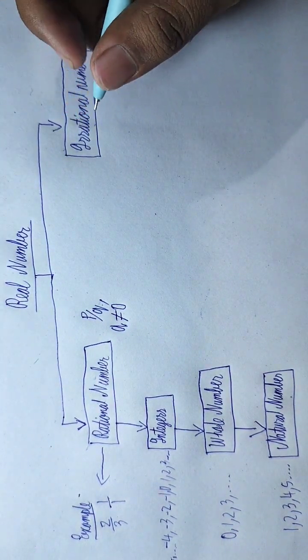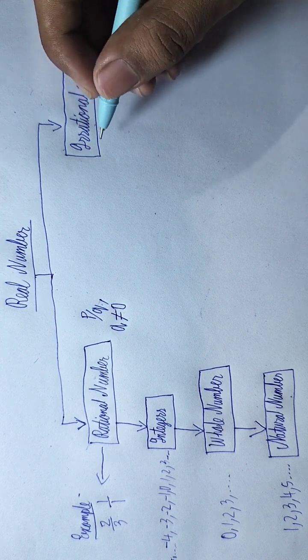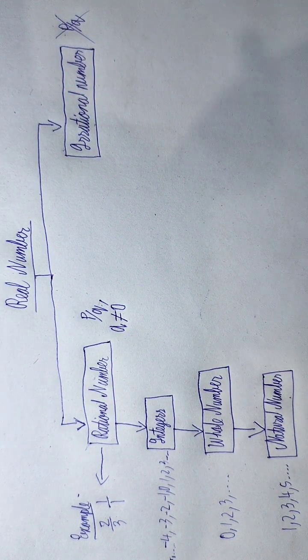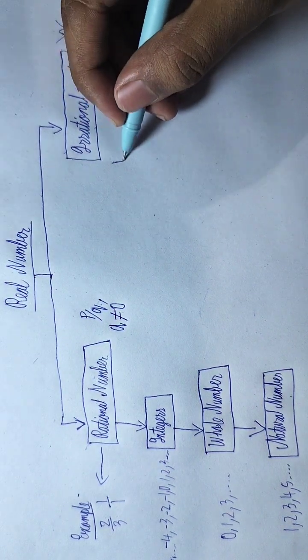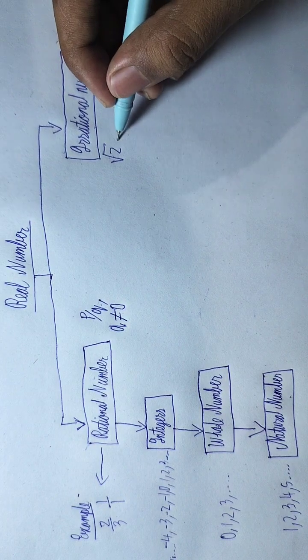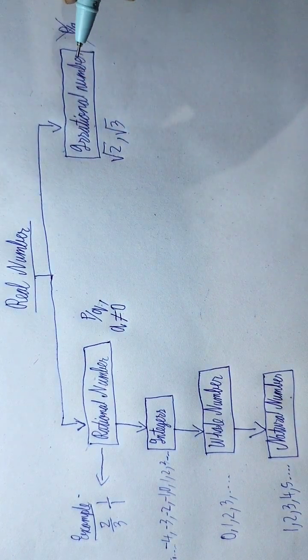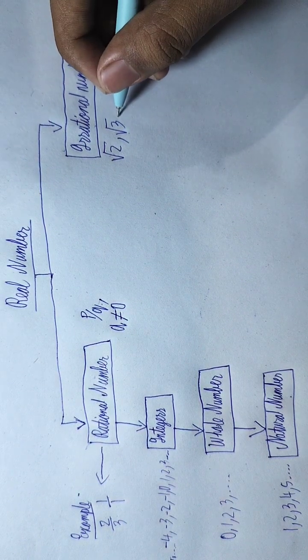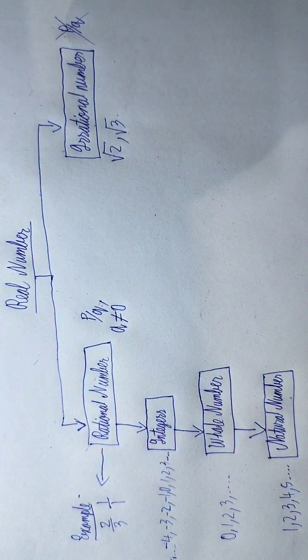Irrational number means it cannot be represented in p by q form. We can say root 2 is an example of irrational number. Root 3 is an example of irrational number. May I know, is root 4 an example of irrational number?